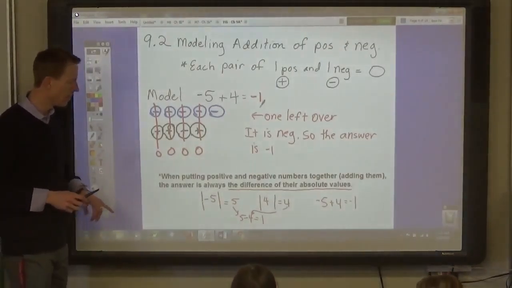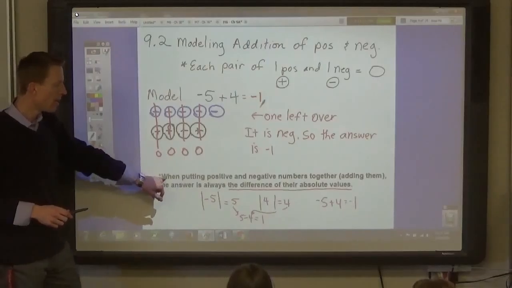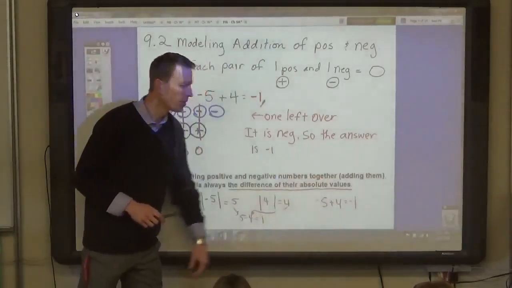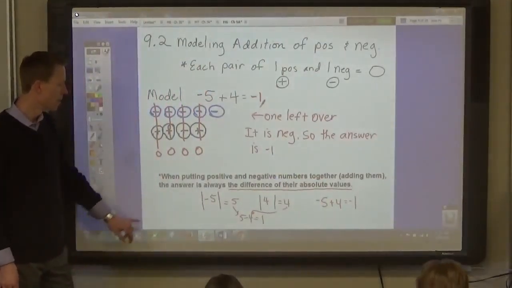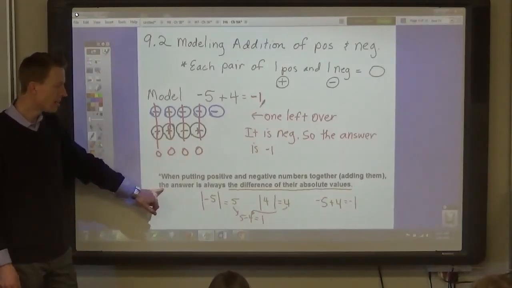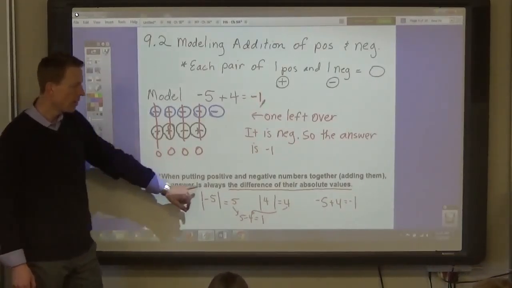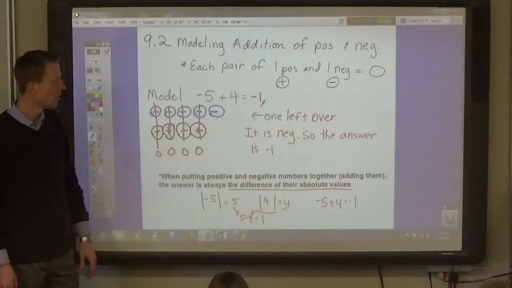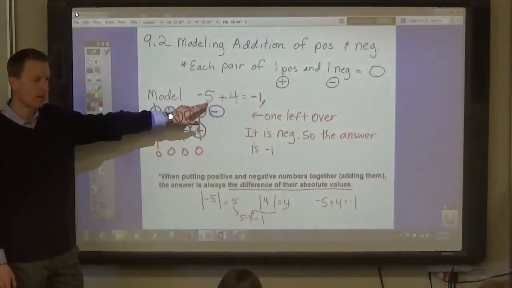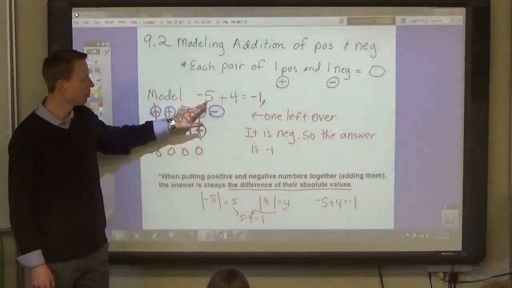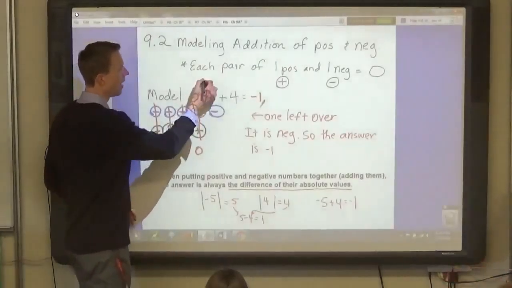Here's another way to think of this. When putting positive and negative numbers together, or adding them, the answer is always the difference between their absolute values. What's the difference of -5 and 4? The absolute value of -5 is 5.